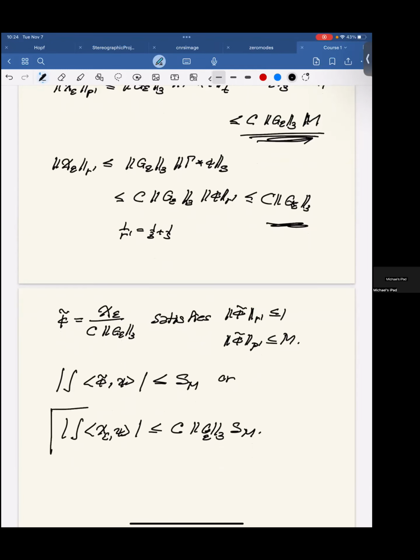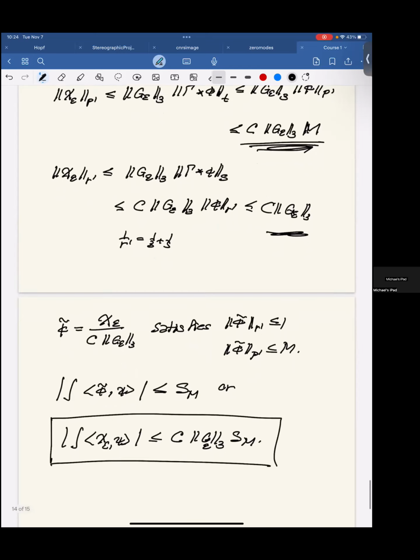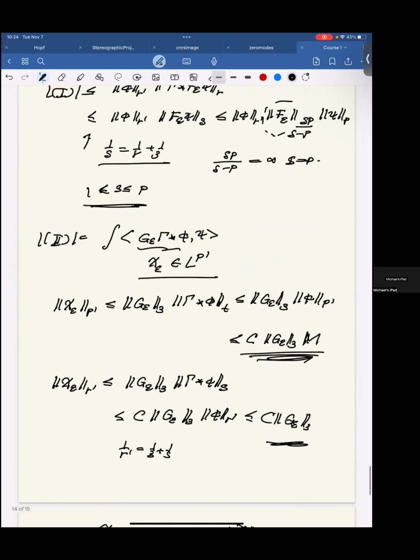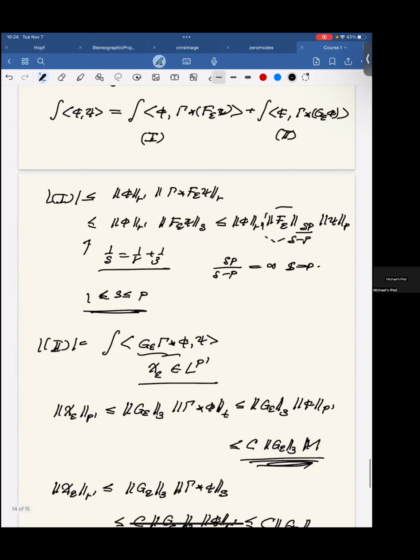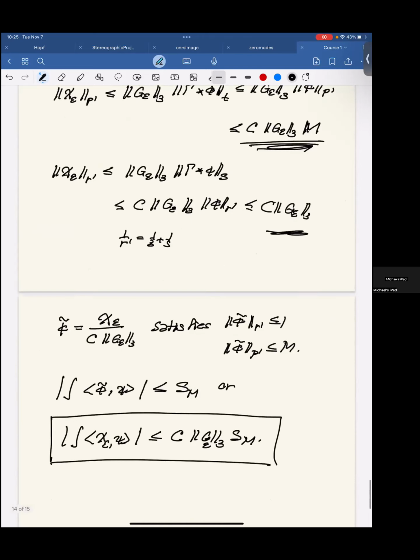So you have this estimate here. We also had this estimate before, term 1. So when you collect the two, this estimate here together with this estimate in the box, what do we learn?